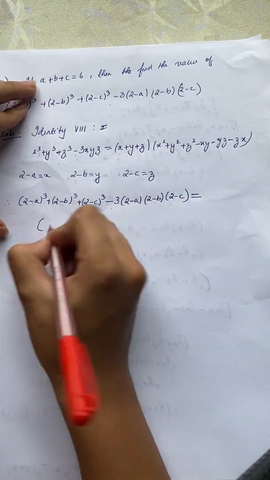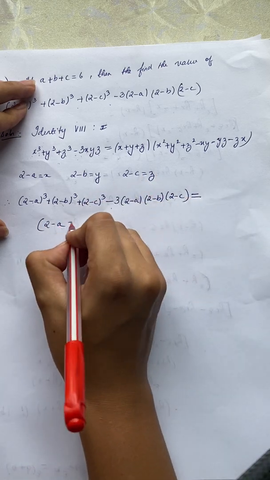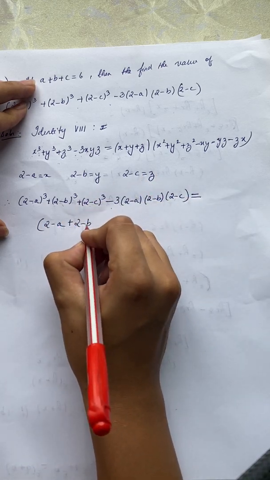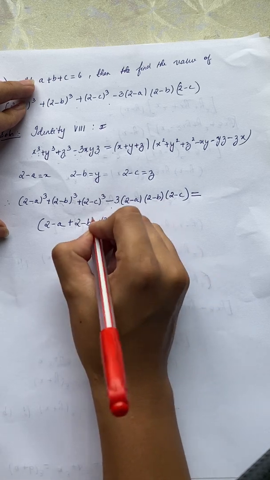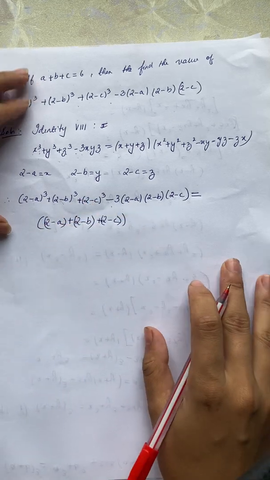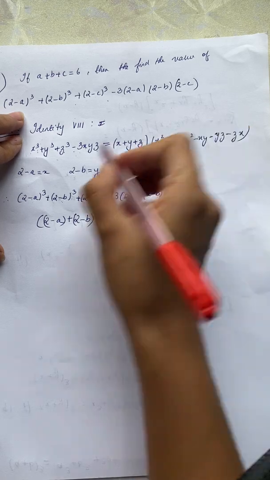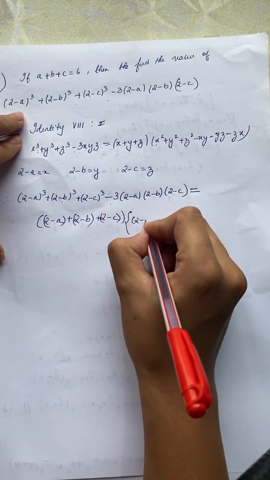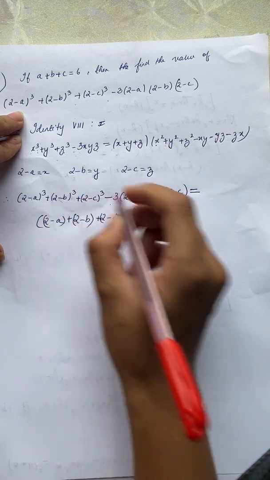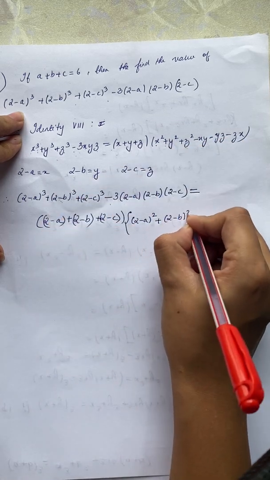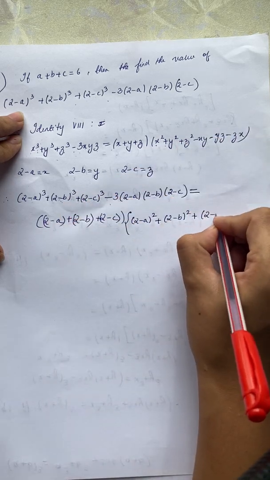So now you see, this is equal to x plus y plus z. That means this is equal to (2 minus a) plus (2 minus b) plus (2 minus c). If you want, you can put a bracket to all of this. Plus, what is x square? (2 minus a) square. Plus y square, in our case (2 minus b) square. Plus z square, in our case (2 minus c) square.